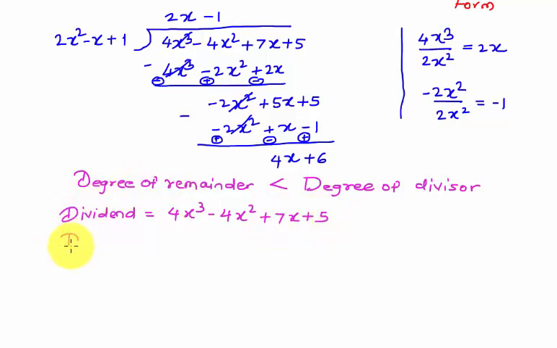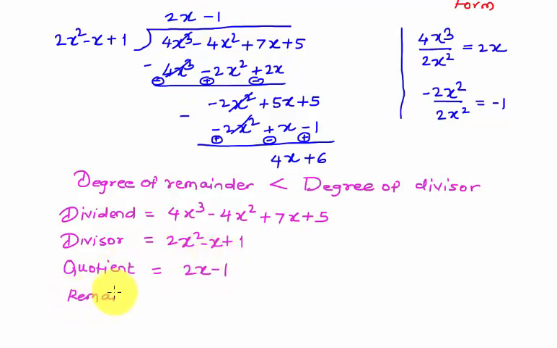Then we have the divisor as 2x square minus x plus 1. The quotient after division is 2x minus 1. So let's write 2x minus 1, and the remainder is 4x plus 6.